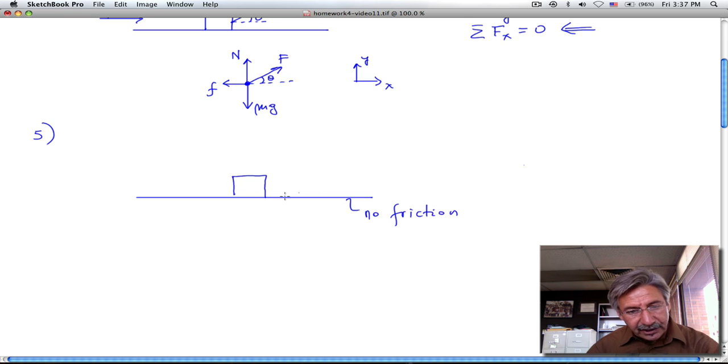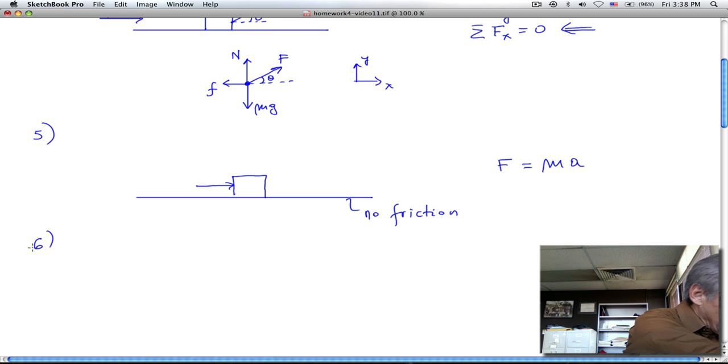So if there is no friction, and if you apply a force to it, this force immediately is going to give rise to an acceleration. It's no option. So you can actually calculate what is being asked just from that equation.